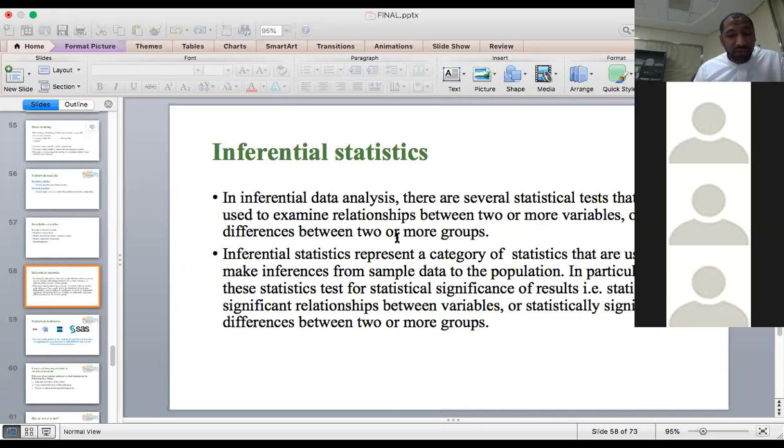That's why we have to know the type of the data in order to apply the right statistical test. In particular, these tests for statistical significance show a statistically significant relationship between variables or between two or more groups.